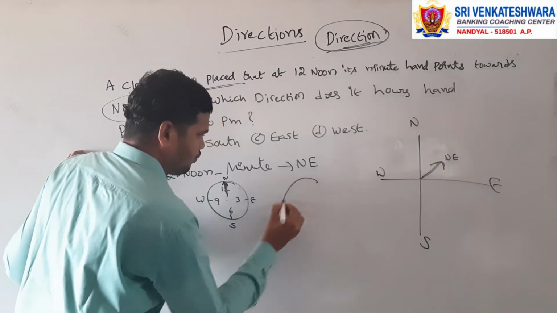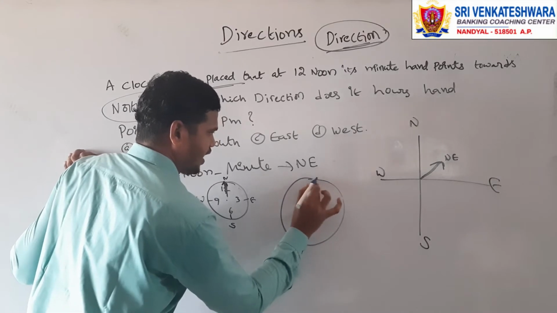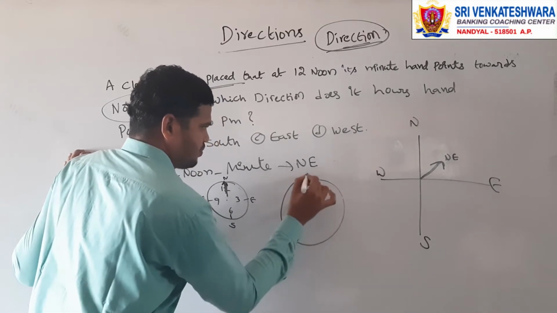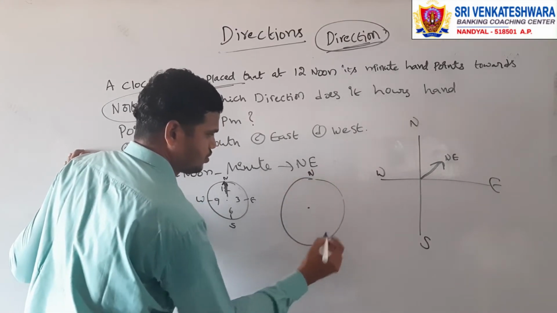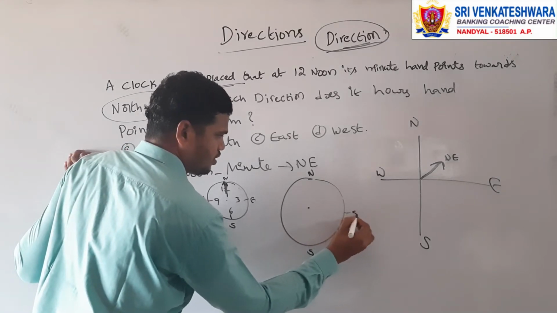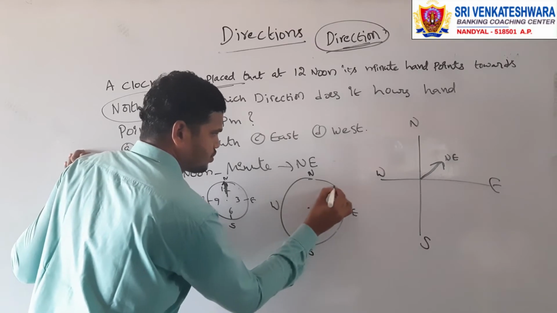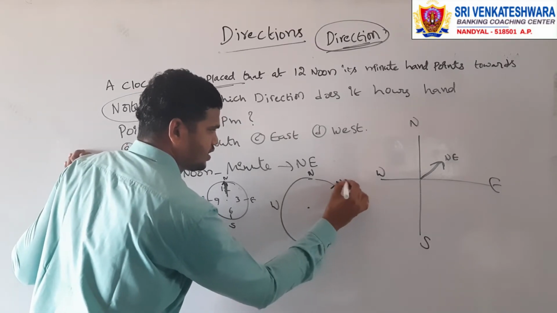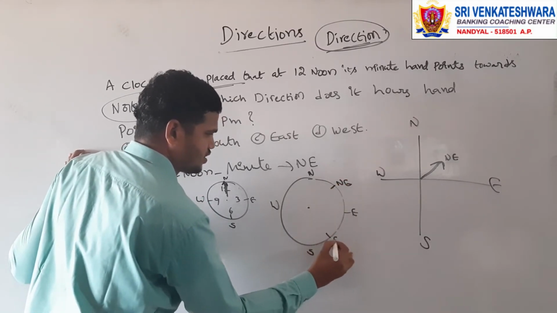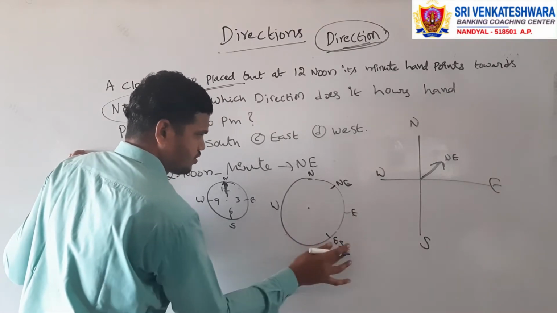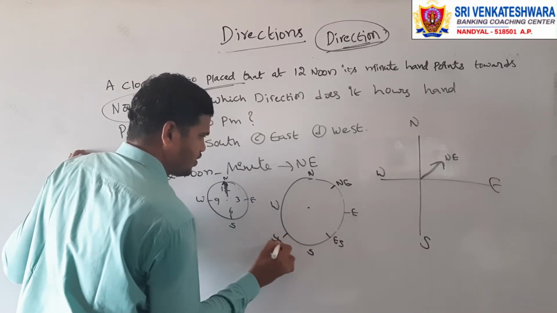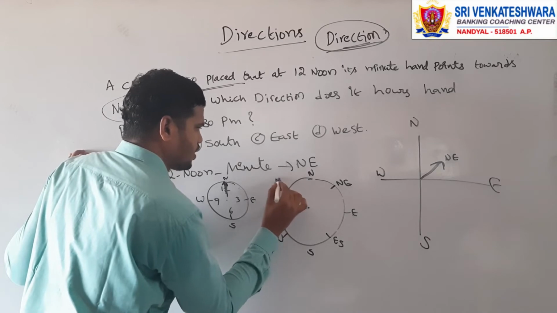Now how can we represent the same thing on the clock? Same thing: north, south, here we can have east, west. Here we can have the northeast, in the same manner east, south, southwest, northwest.